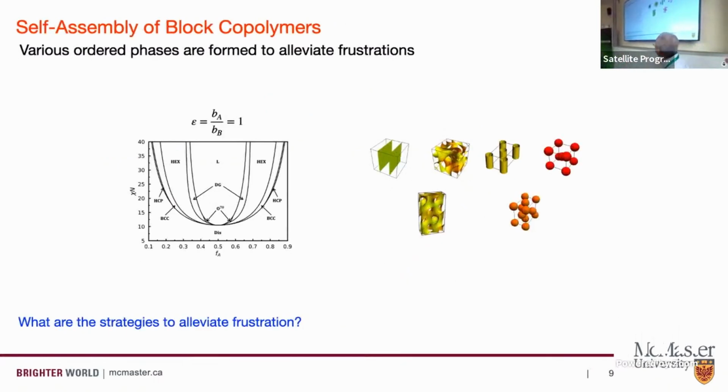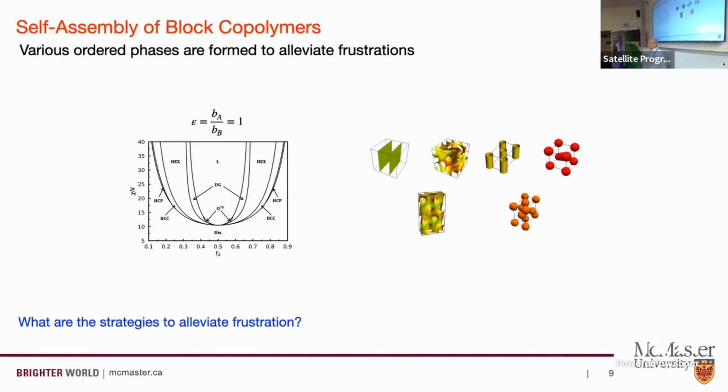Now with this, if we go back to the simplest case, which is any AB diblock, so just A and B, and we do this calculation, this is the phase diagram we end up with. It has the lamellar layered phase when the two blocks are more or less the same.